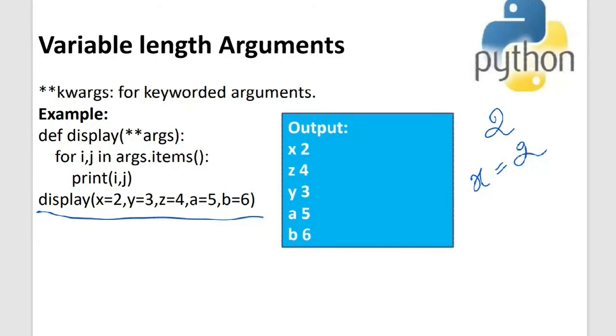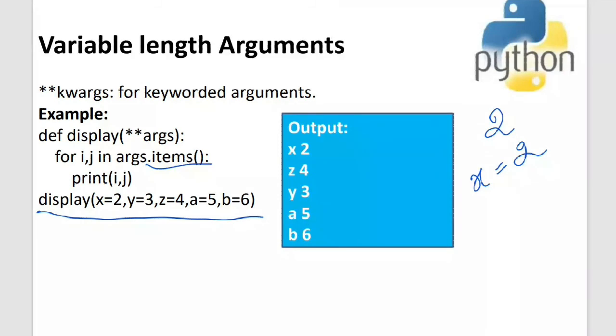Yes, ma'am. Now, in the previous case, we access the arguments in the format of a tuple. But the keyword arguments will be accessed in the format of a dictionary. That's the reason, to access both the key and the value, you need to use the items method.